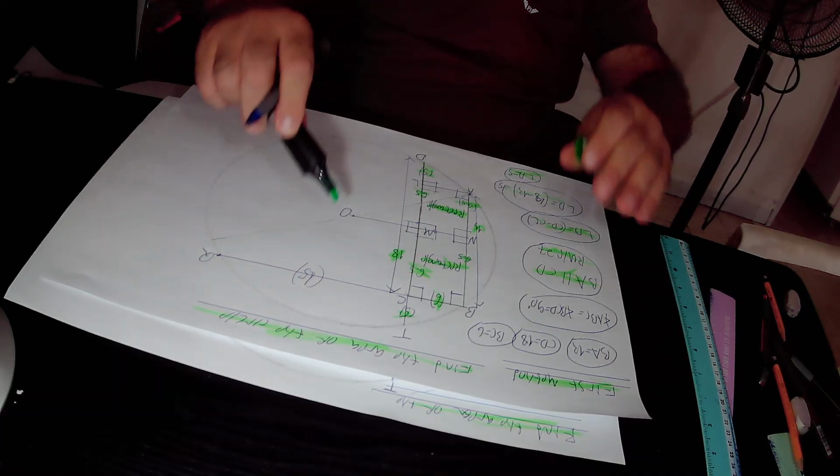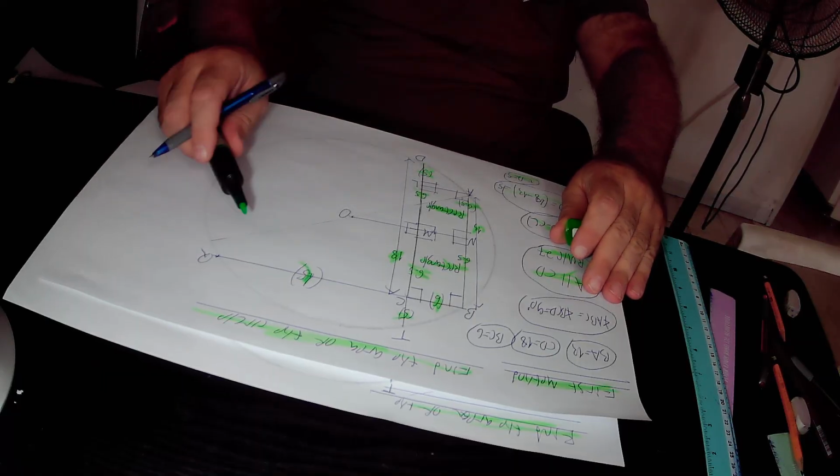In the next step, we will join points Q and A together by a straight line.